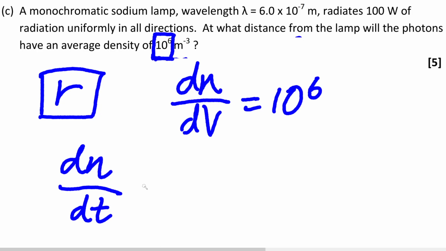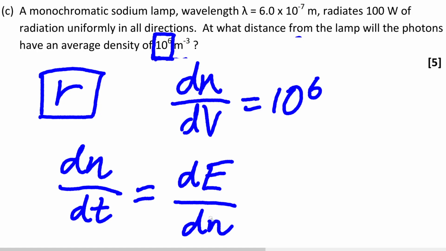And we can actually express this in the form of more infinitesimals, or more derivatives. For instance, if there is a certain amount of energy per photon, which is constant, then we could say that an infinitesimal amount of energy would correspond to a certain infinitesimal amount of photons, right?